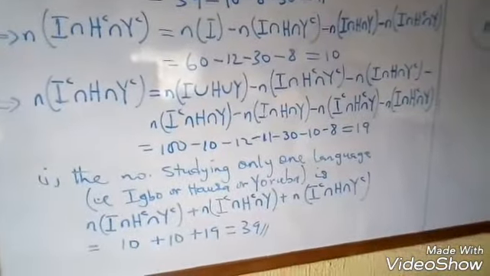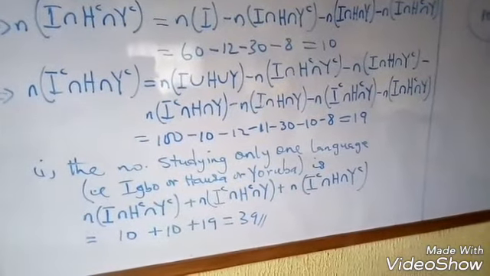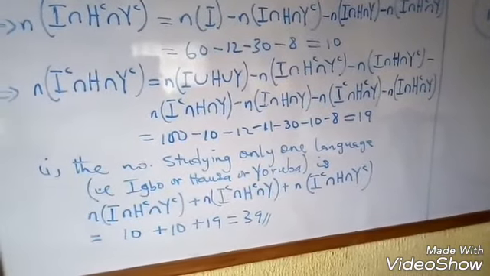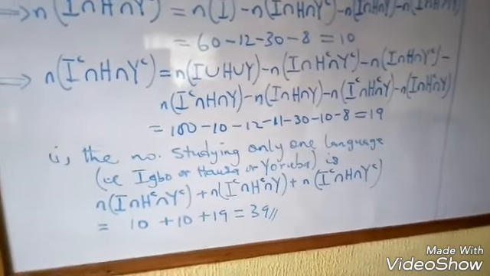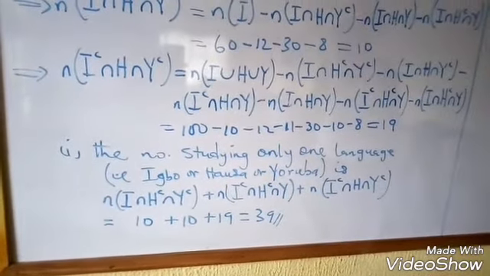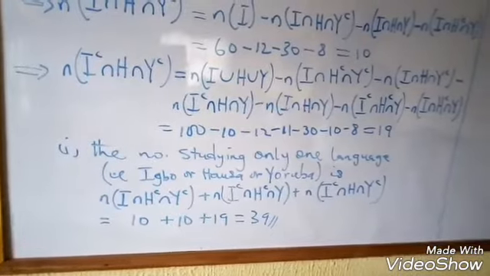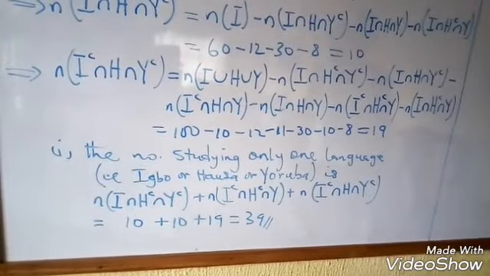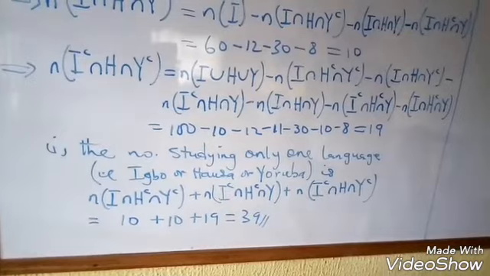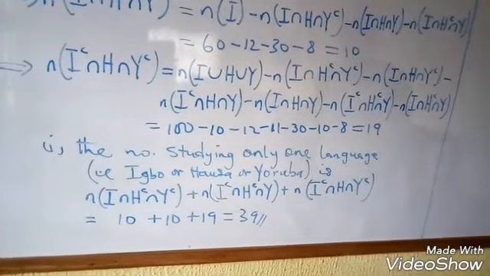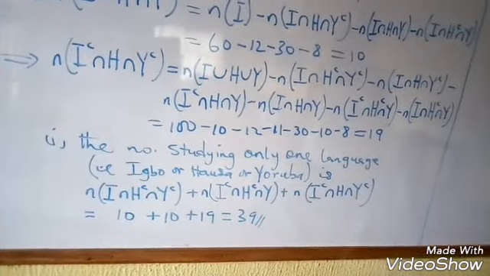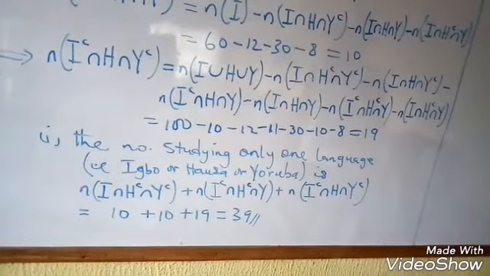We say n of I complement intersection h intersection y complement is equal to n of I union h union y minus n of I intersection h complement intersection y complement minus n of I intersection h intersection y complement minus n of I complement intersection h intersection y minus n of I intersection h intersection y minus n of I complement intersection h complement intersection y minus n of I intersection h complement intersection y.